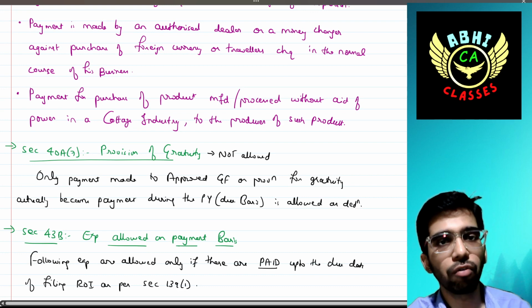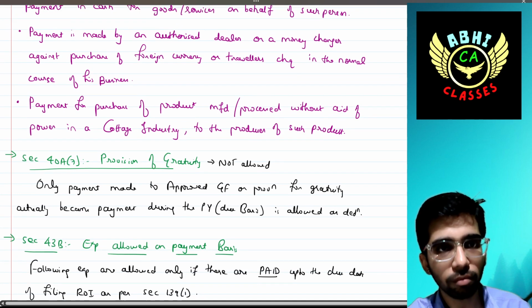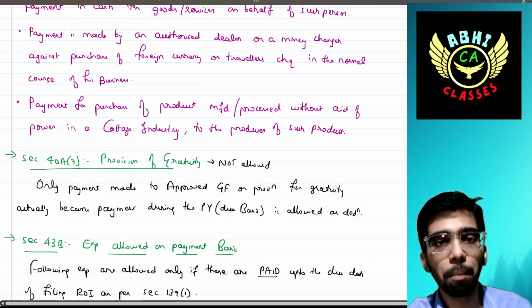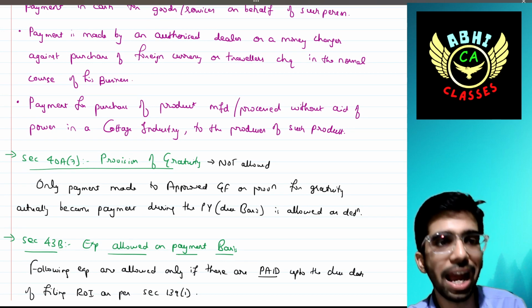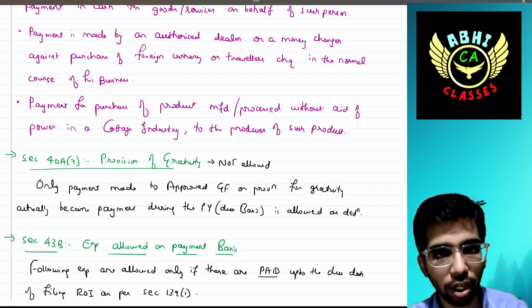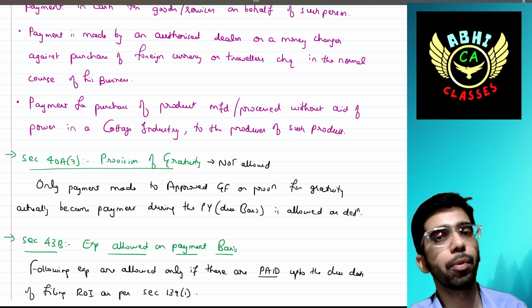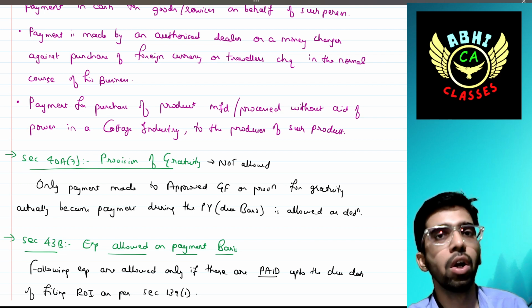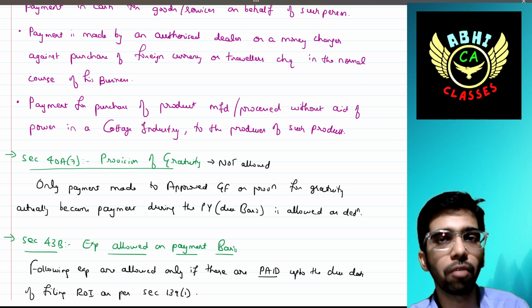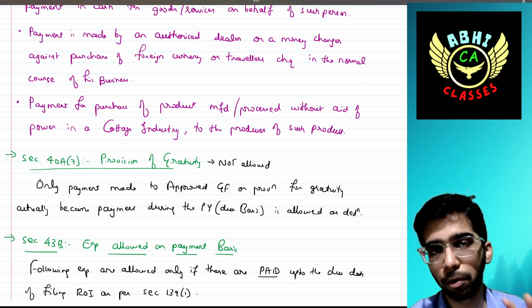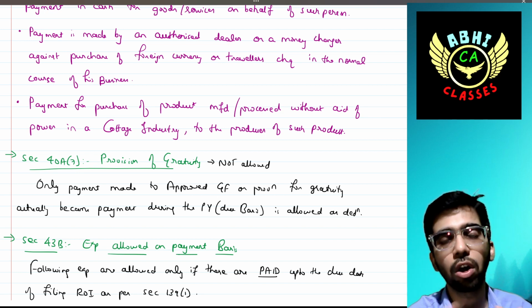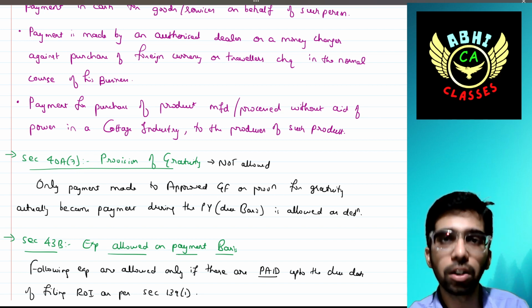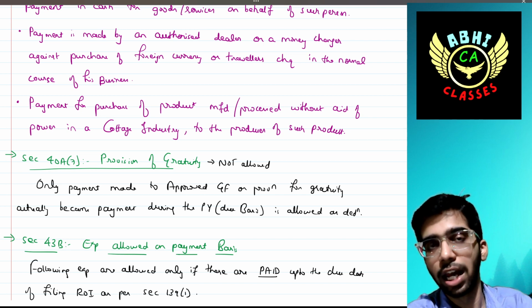Then the payment for purchase of product manufactured or processed without the aid of power in a cottage industry, to the producer of such product. If any product is produced without the help of electricity power, then payment to such vendors in the cottage industry, for example, that's also exempt from this disallowance.